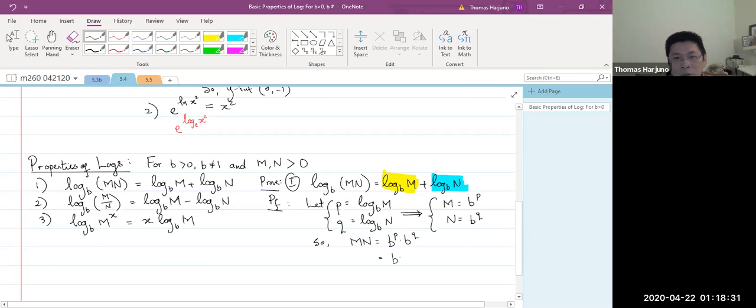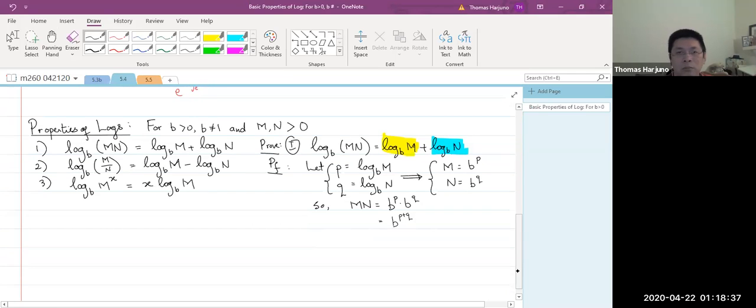That's b to the P plus Q. That's what m times n equals. Now I change this into log form. So in log form, log base b of m times n should equal P plus Q. Right?